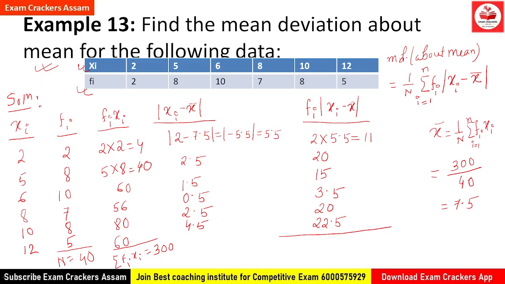So if you add all these values, you will get summation fi mod of xi minus x bar, which is 92. Okay, so therefore MD will be your 92 divided by 40, that is 2.3. So this is the answer.